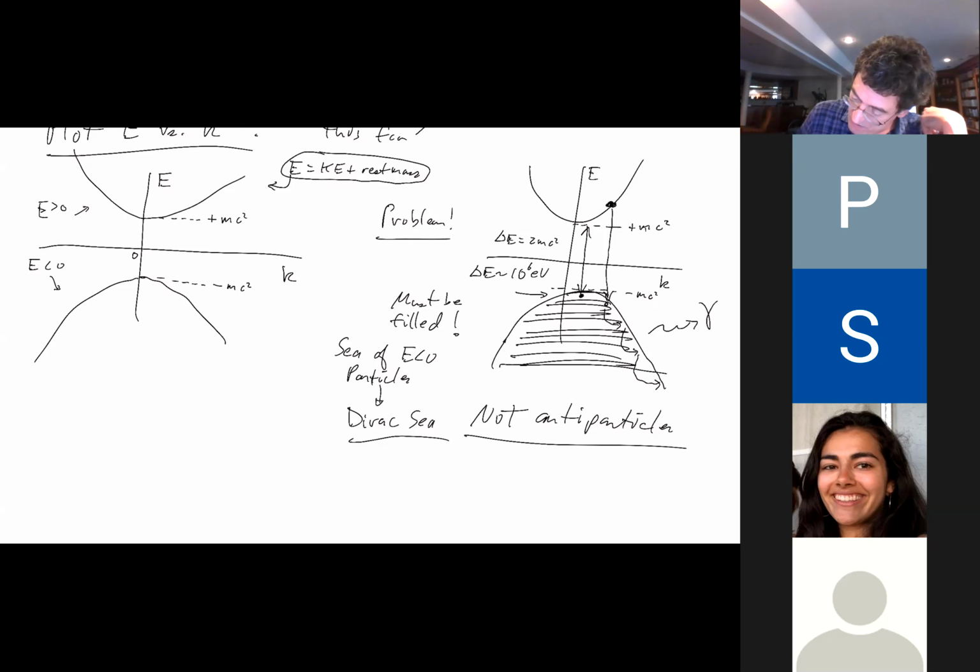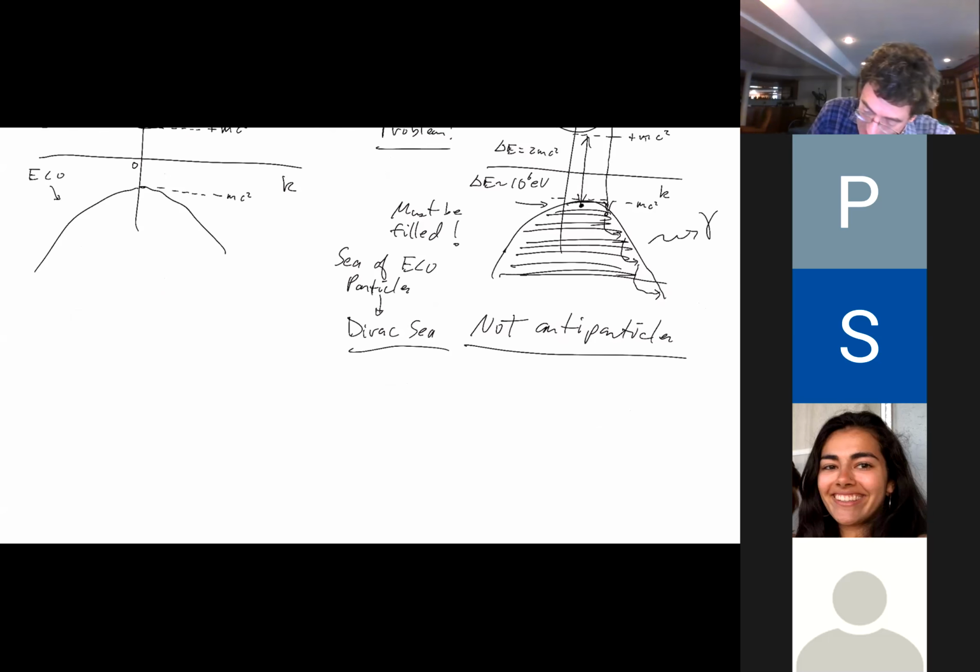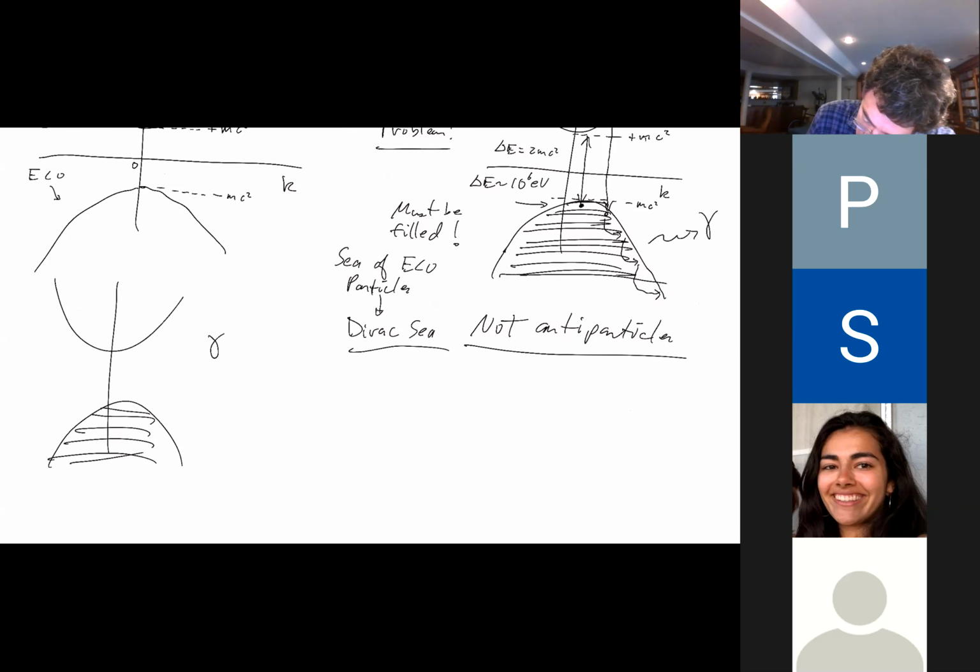And so what Dirac then predicted is that if I have a photon that has an energy of 10 to the 6 electron volts, then that photon, if it can give its energy to one of these negative energy electrons, can excite it up to here and leave behind a hole in the negative energy sea.